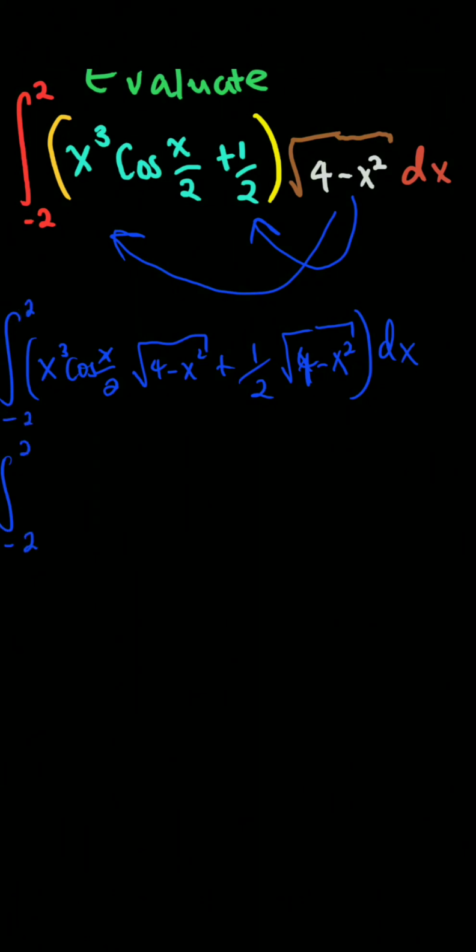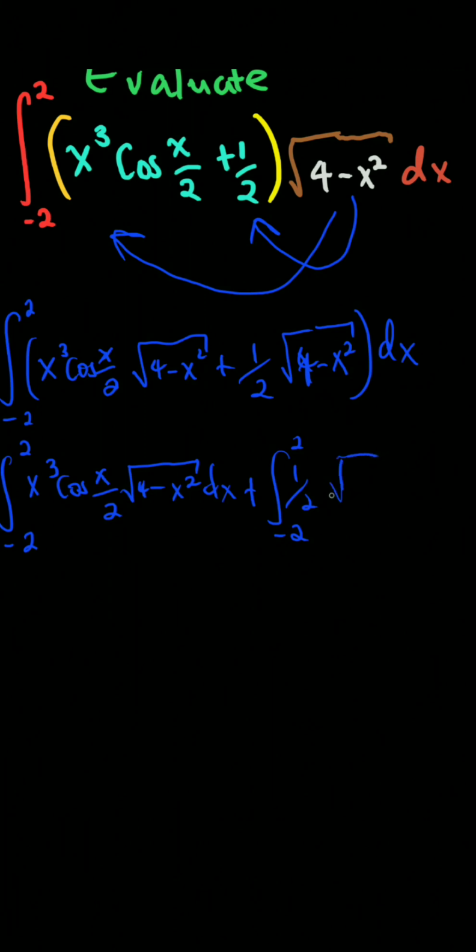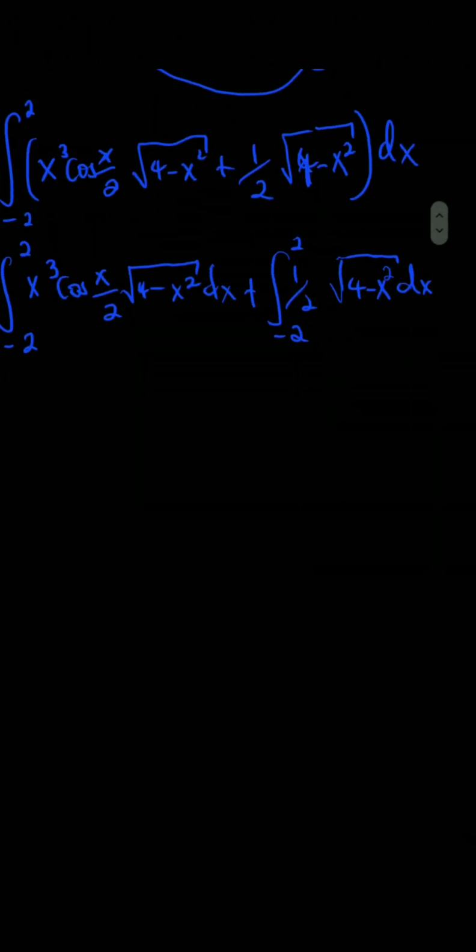So it will be the integral from -2 to 2 of x to the power 3 cos x over 2, root 4 minus x squared, dx, then plus another integral of the same kind, from -2 to 2 of half root of 4 minus x squared dx.